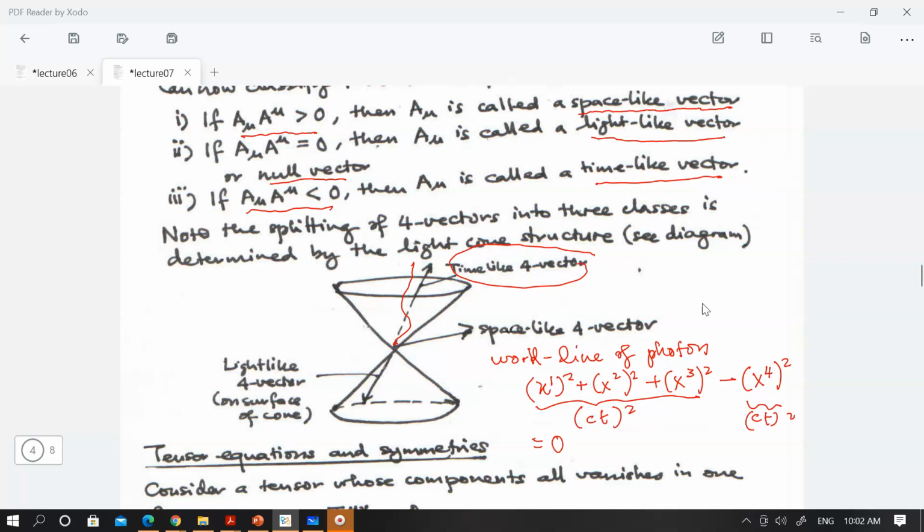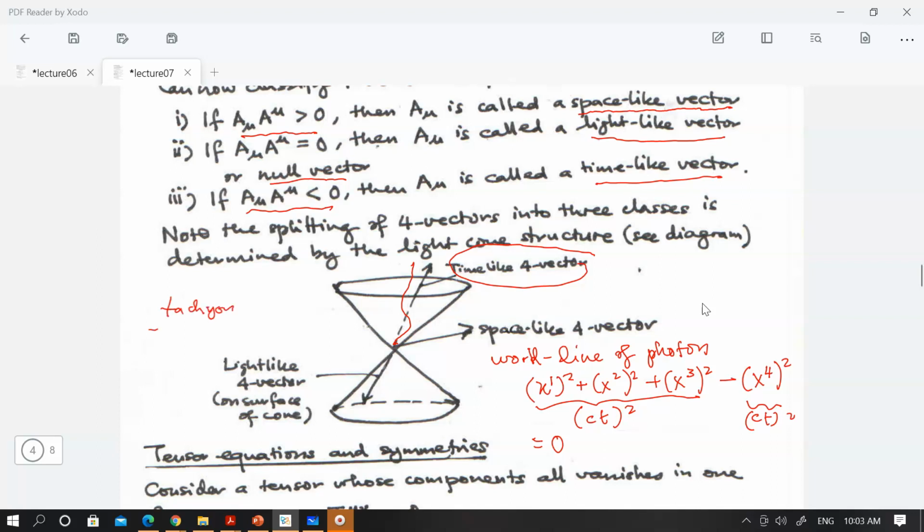If you have a curve which has a slope less than the light cone, then what can happen? This is sometimes called a tachyon.